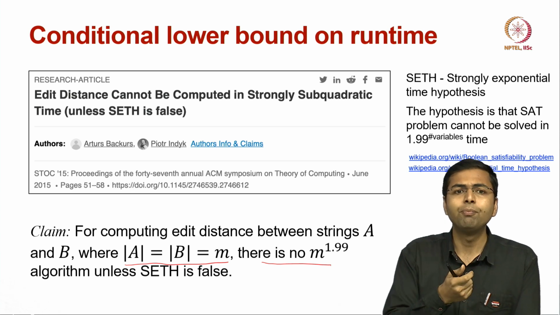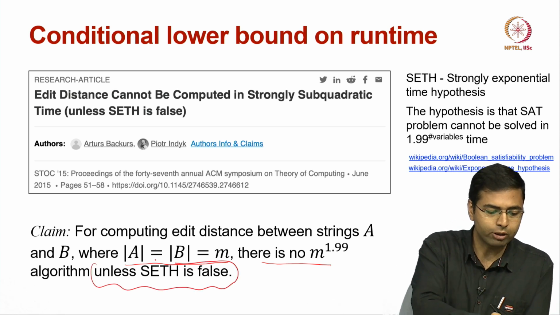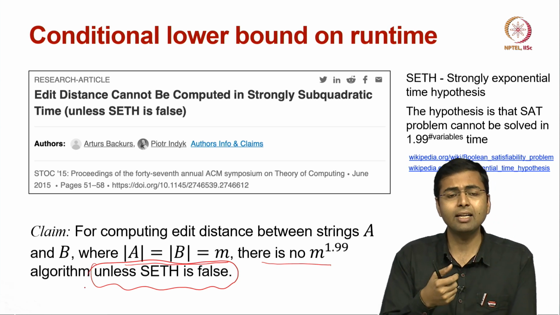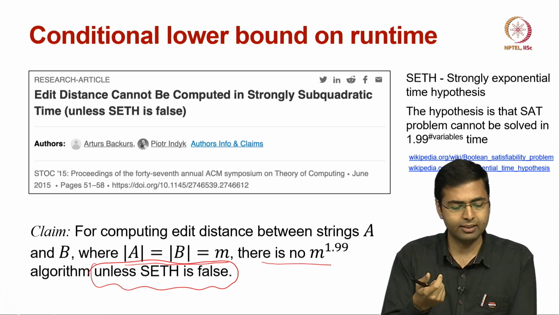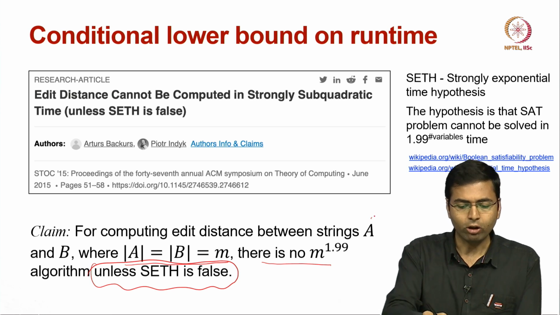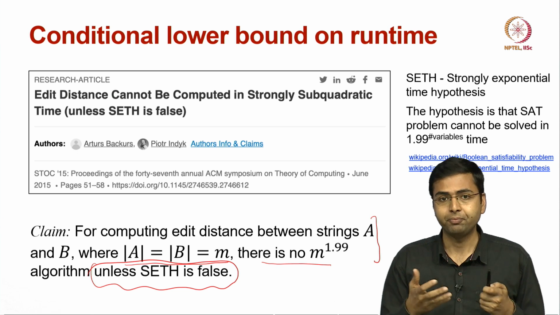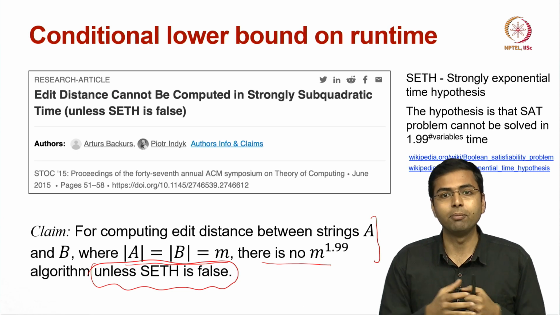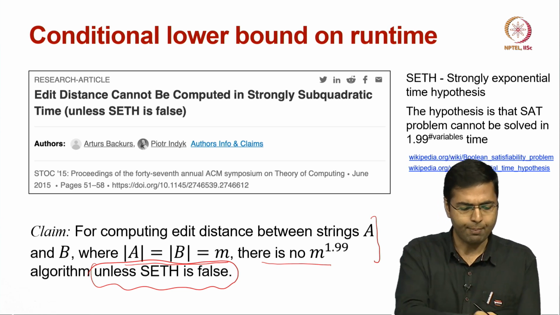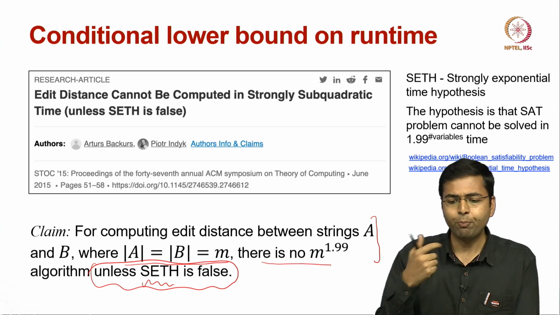And this is a conditional claim, because it holds under a hypothesis. This is the strong exponential time hypothesis. So, unless this hypothesis is false, the authors proved that no subquadratic algorithm can exist for the edit distance problem. Now, this hypothesis is based on the popular SAT problem in computer science.